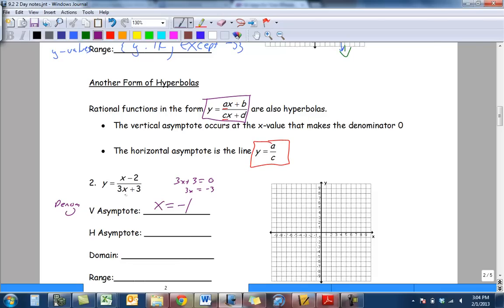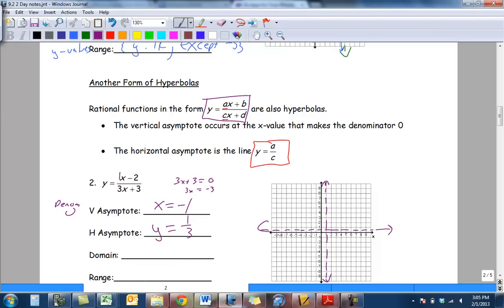So let's draw our vertical asymptote at x is equal to -1. Horizontal is the ratio of leading coefficients. So in this case, it's going to be y equals a divided by c. What number's in front of x here? 1. So this is 1/3. This is going to be y is equal to 1/3. So it's in between the lines, but there it is.